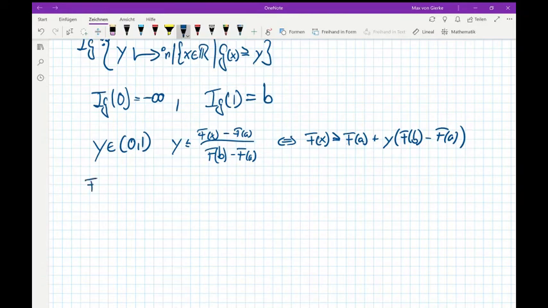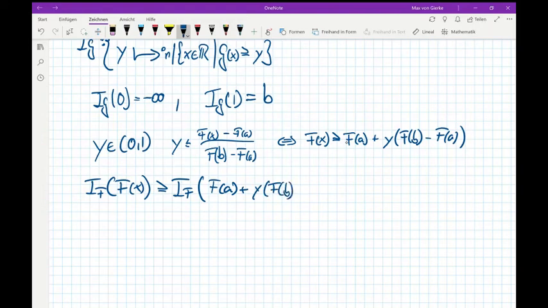So I of f of x is bigger or equal than, no, I of f of a plus y fb minus fa.